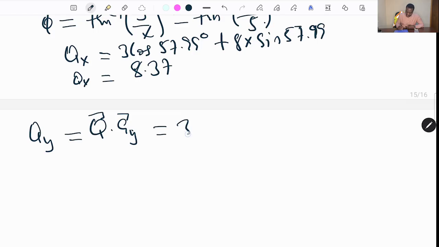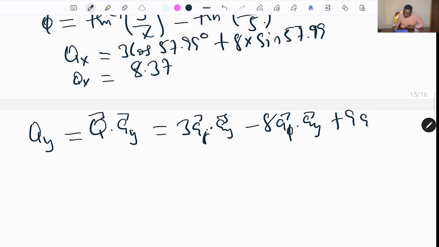This is equal to 3 A_R dot A_Y minus 8 A phi dot A_Y plus 9 A_Z dot A_Y.